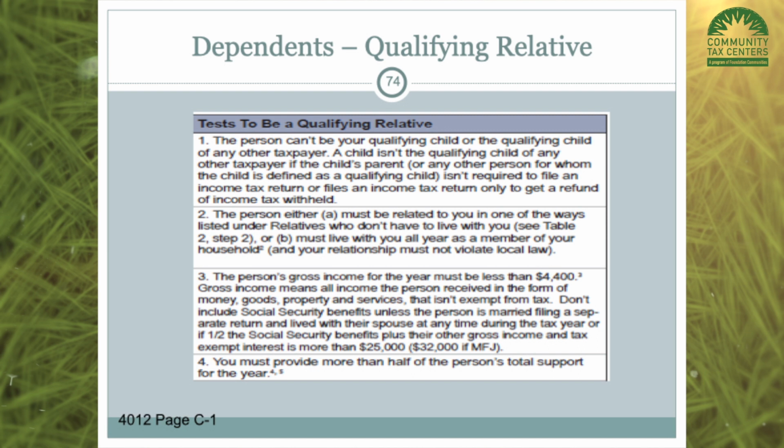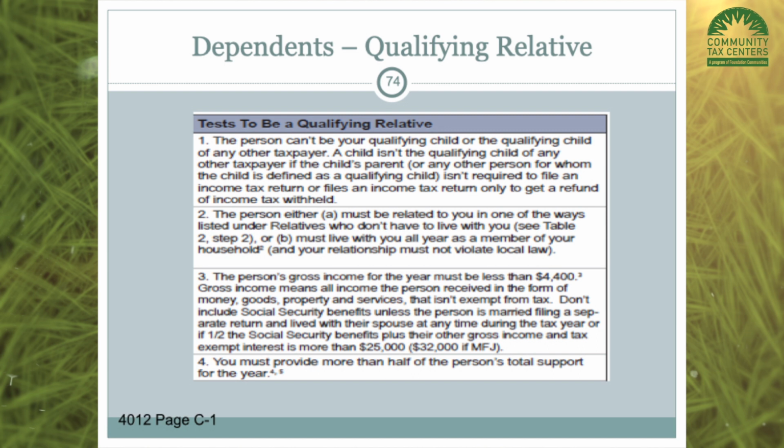So if their only source of income is Social Security benefits, and they're not married filing separate status, then Social Security would not count as part of gross income for that $4,400 threshold.